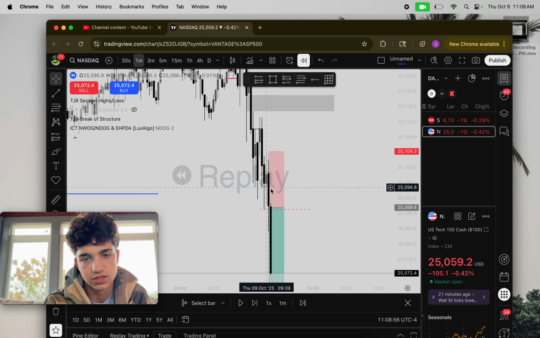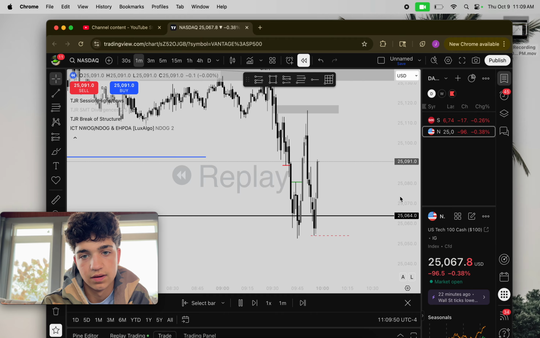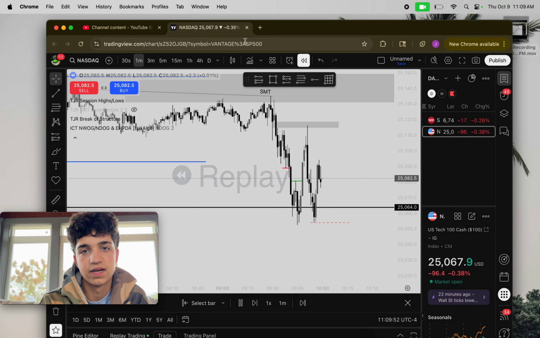And as you guys can see, after 2 very short minutes, equal lows ended up getting tapped into, and we ended up reversing into this 1 minute fair value gap and seeing another beautiful rotation back to the downside. So that was today's trade.